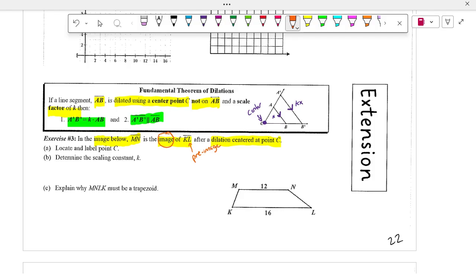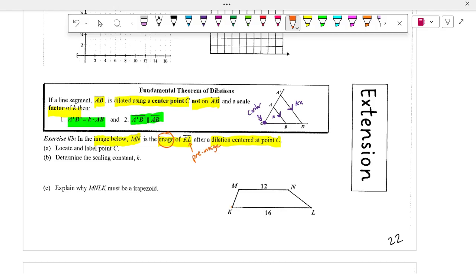Now, first off, how do we find point C on this graph? How do you think I would find point C? It's not going to be in an exact spot. It'll be pretty close, but it is exact. Right.